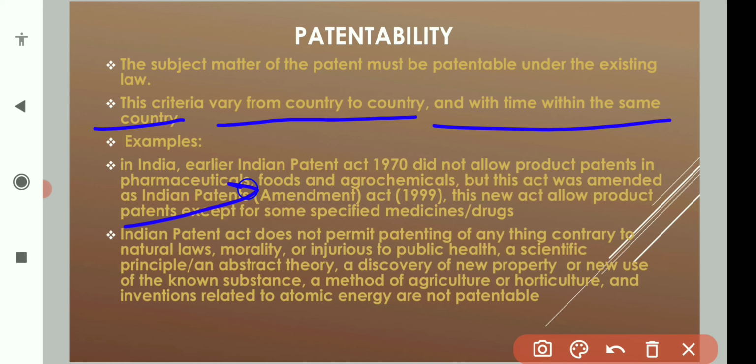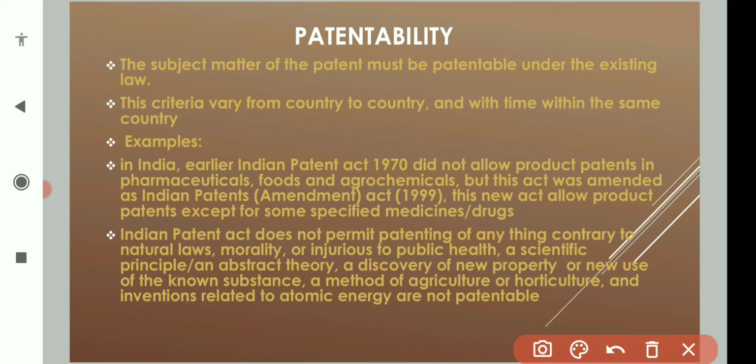Means for a certain duration in a country, some law may be there, and after that some other laws may be there. So it may be different in the same country from time to time.